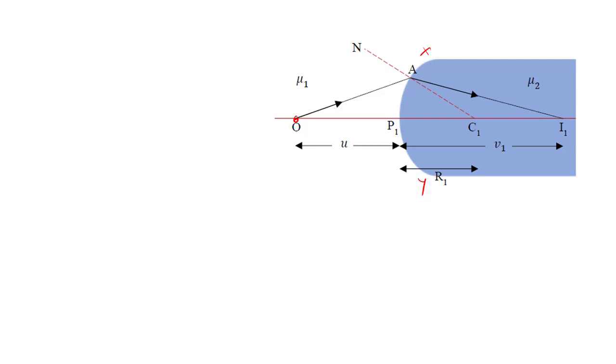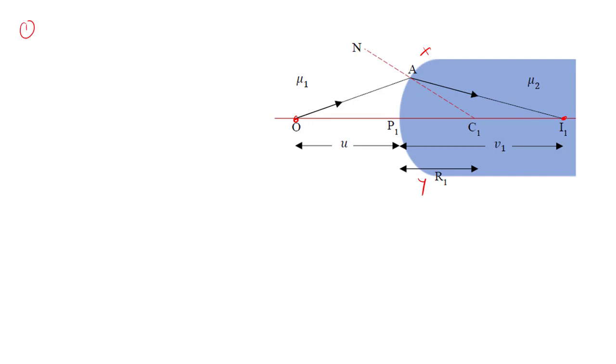It is the incident ray, and then it gets refracted and bends towards the normal, and the final image is formed at I1. So P1C1 is R1.